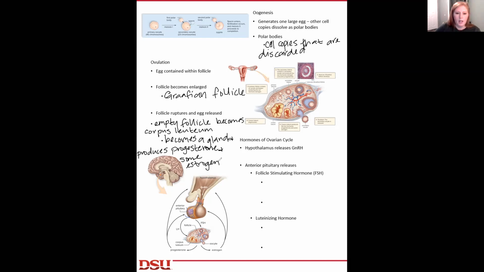All right. So hormones of the ovarian cycle. We have the hypothalamus, which is going to release our gonadotropin releasing hormone, which you also find in males, if you recall.